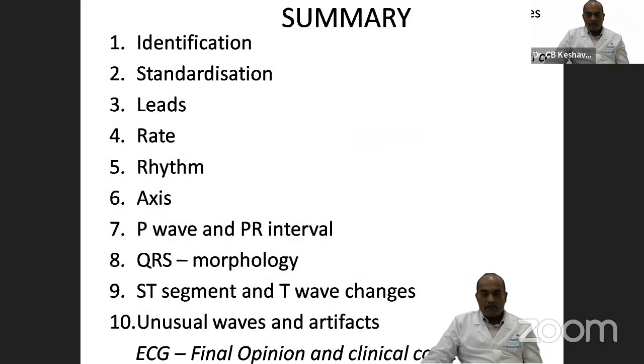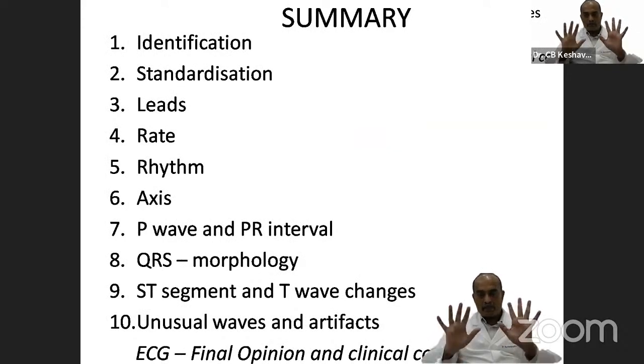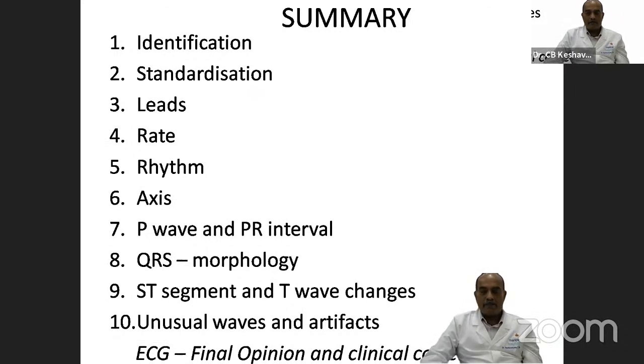So in summary, what are all the things you remember here? The fingers, all the 10 fingers. Whenever you look at an ECG, after you finish identifying the patient, and take the ECG for interpretation, you start off like this. If you go through it systematically, you will not miss out on anything and you will be able to give a proper diagnosis.